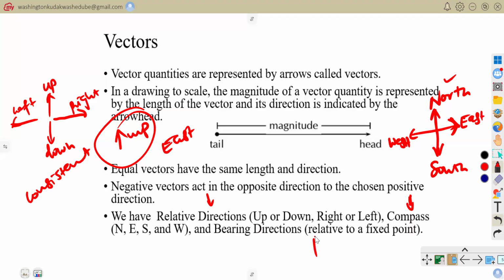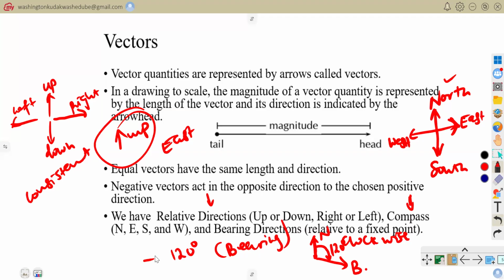We usually get to choose our north, and if I want to take note of the direction of an object that is here at B, I would measure the angle that I have from my north going clockwise up until I reach point B. If I find this angle, let's say it's 120 degrees, my direction would be 120 degrees in terms of my bearing.